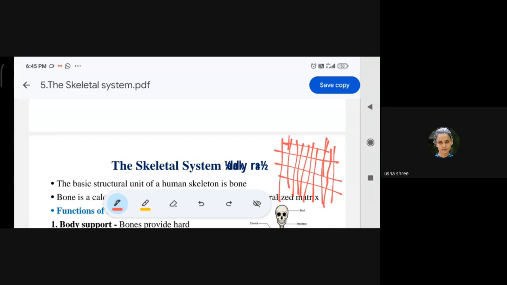Yes, ma'am. When lime is applied, lime is calcium only. That lime is calcium only. So just imagine a mosquito net is placed in a floor, and dense lime is put on the mosquito net.